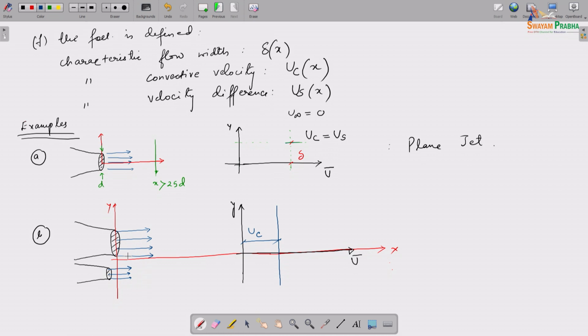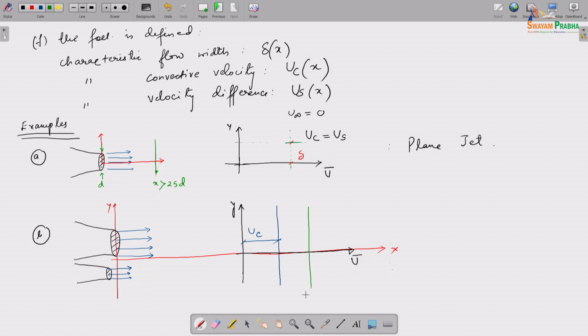So this velocity component is now going to be added. So then I have another component of velocity here, something like this, right.